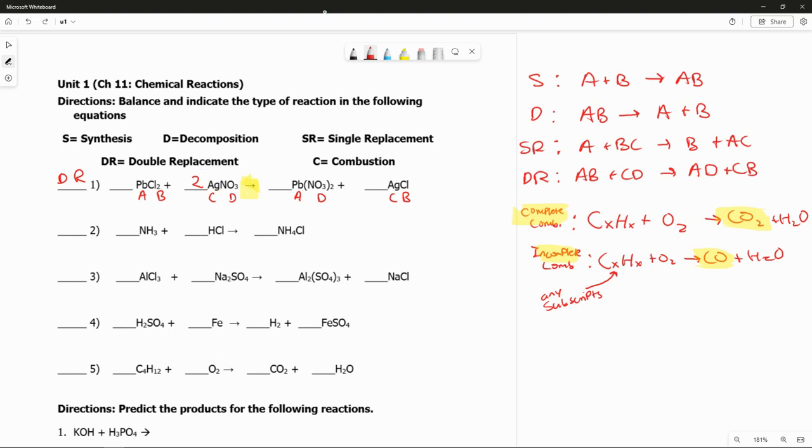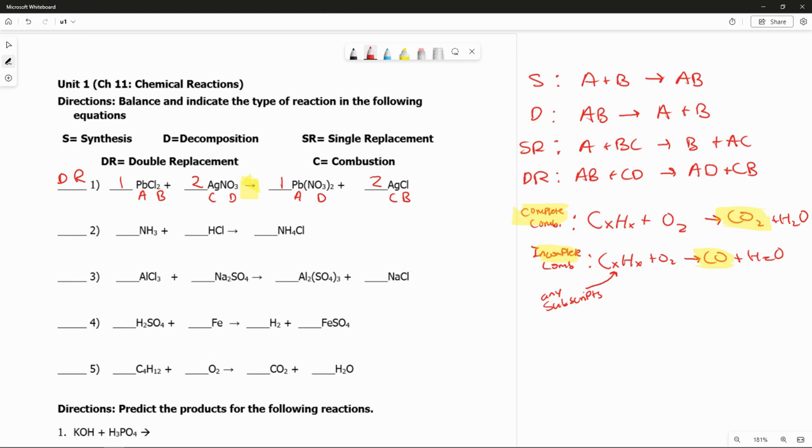Pb is 1 on each side, that cancels. Cl2 on the left, Cl times 2 on the other side, that's good. Ag times 2, good. And NO3 times 2, good. And we're done.